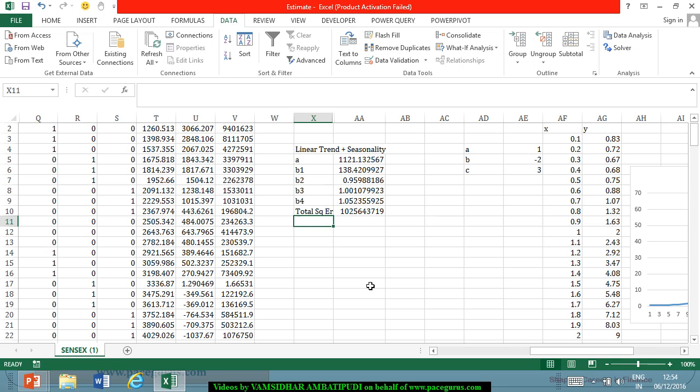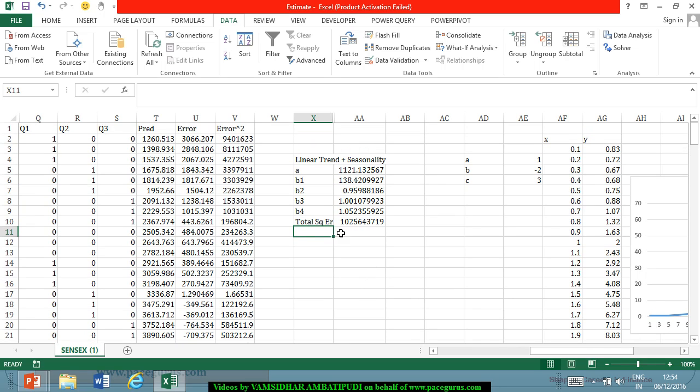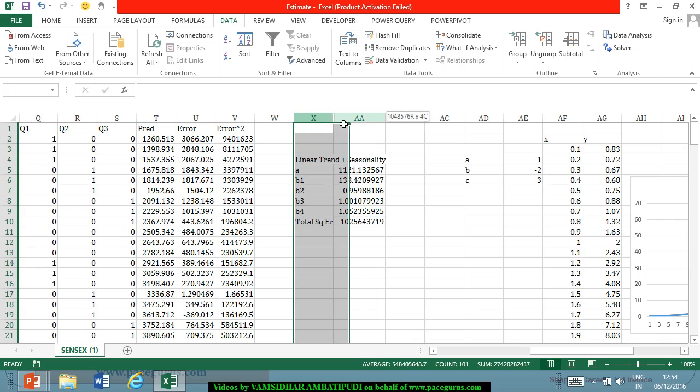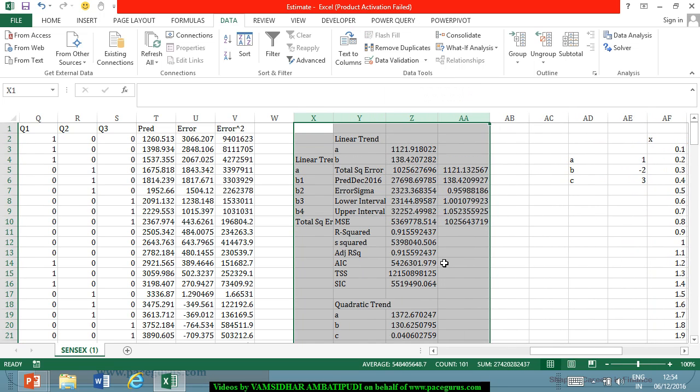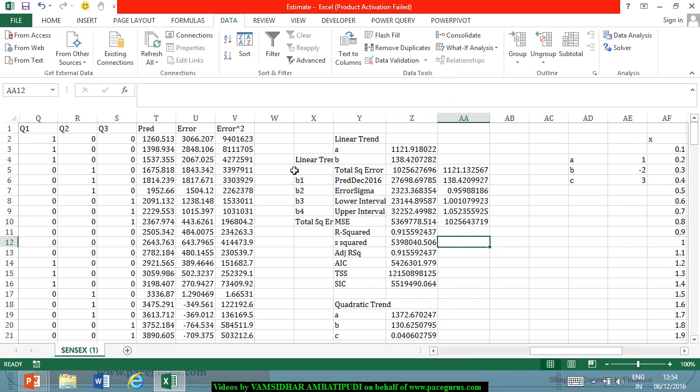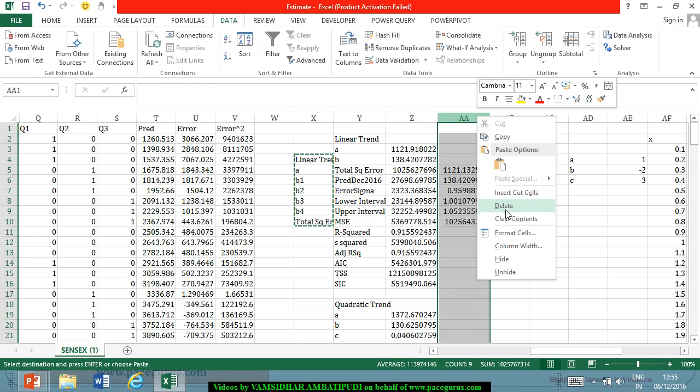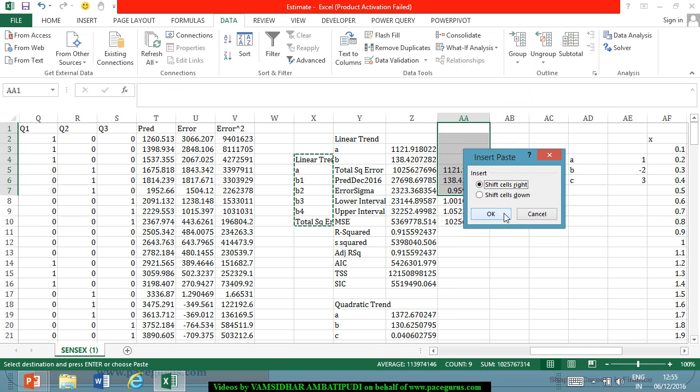The R squared will come out as, I also need to consider what has been the total error earlier. Let me unhide it. What is the total squared error earlier? Oh, I have put these things out here. So let me just change the names from here. Let me include one more column here.